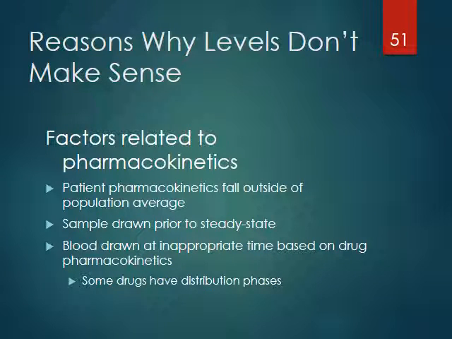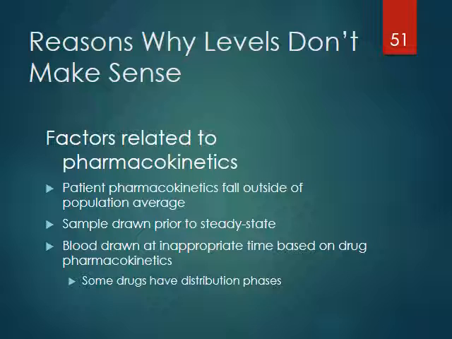You could have some factors related to the kinetics of the drug. So say the patient's pharmacokinetics fall outside of the population averages. That could definitely be a good reason why a level may not make sense. A sample is drawn prior to steady state. That could be one of the number one reasons why drugs are inappropriately increased in dose or increased in frequency. It's because the sample is drawn too early relative to steady state.